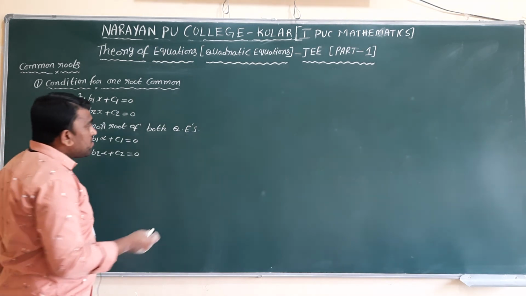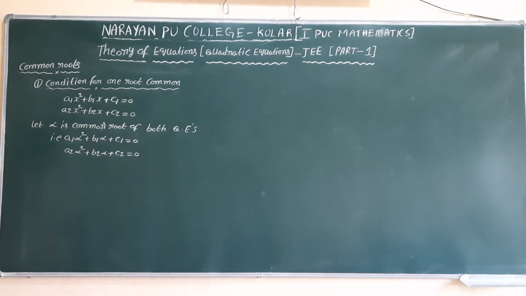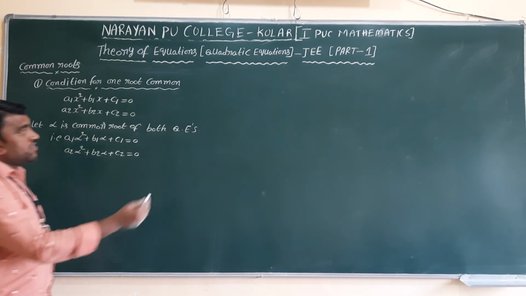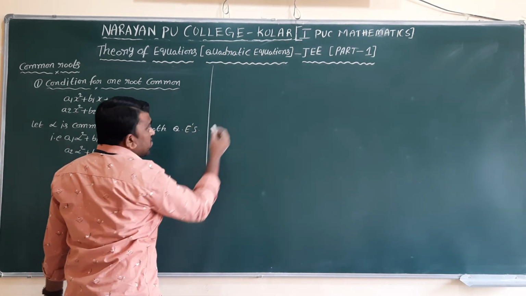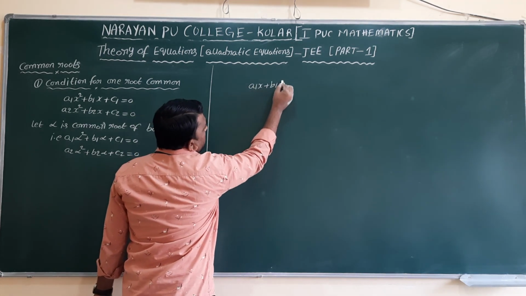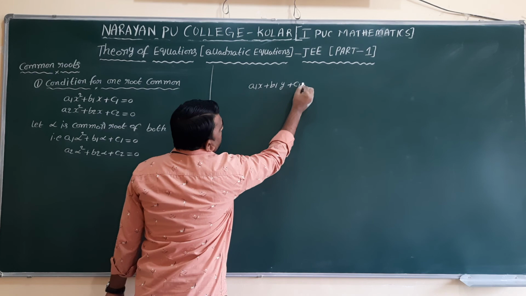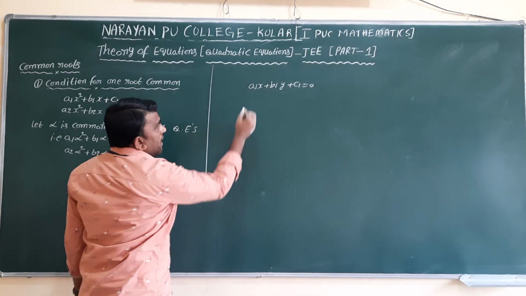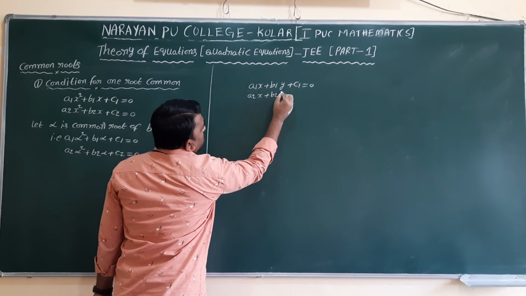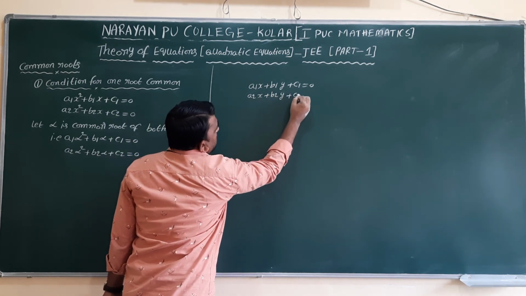In the lower class we studied a1x plus b1y plus c1 equal to 0, a2x plus b2y plus c2 equal to 0.